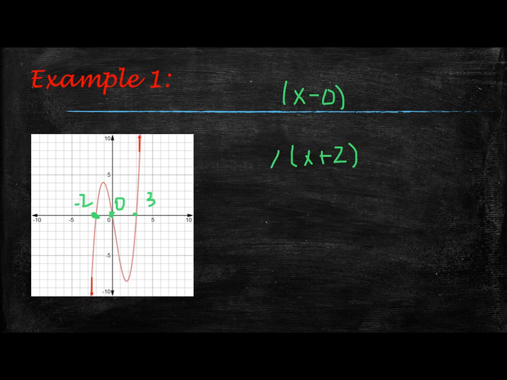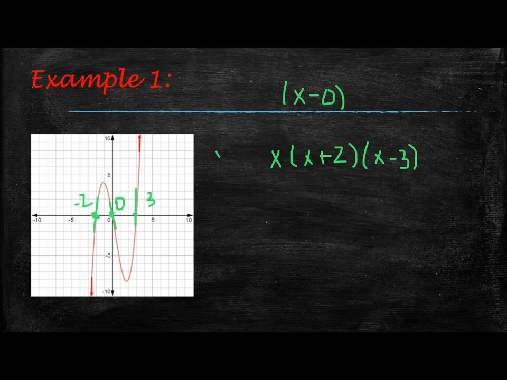So whenever your intercept is 0, it's just going to be the factor of x. And the third x-intercept is at 3, so that's going to be x minus 3. You also want to look at each one of those intercepts, and as long as it just goes straight through it, then it's just going to be a power of 1. So all 3 of those just go straight through, so it's a power of 1.